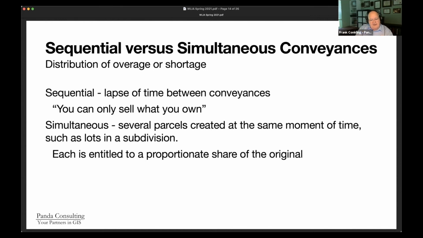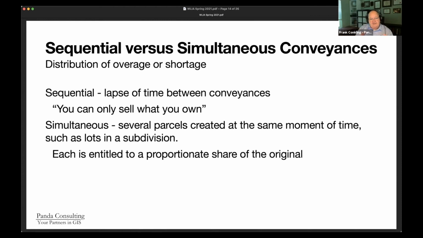Once you convey out something to a new parcel, you can never sell anything of that original parcel again. You can only sell what you own at the moment. So if something is sold out, you can't come back and write a legal description that goes into that parcel again, because you've already sold it out.